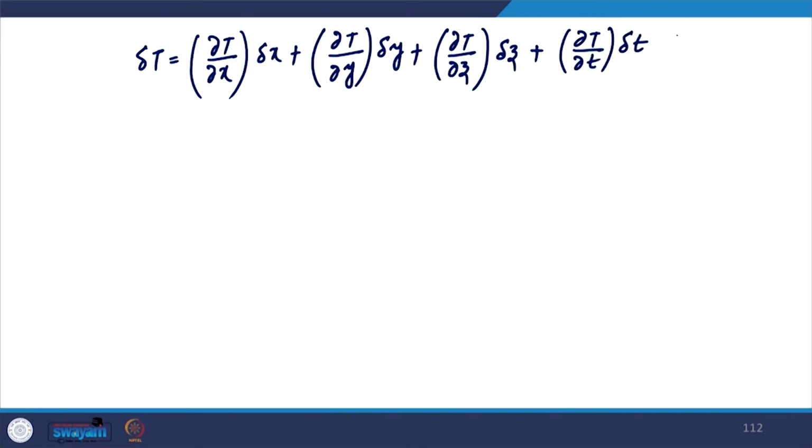So, what is this expression telling you? You are trying to account for the change in the temperature. The change in temperature may have been due to change in temperature along the x axis, along the y axis, along the z axis, or change in temperature just as a function of time.